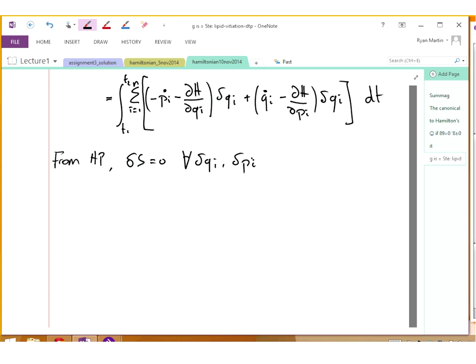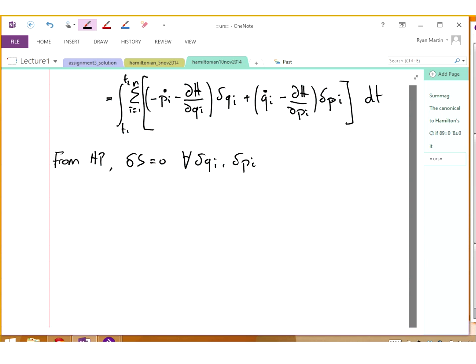All right, so the action is stationary, so this integral is stationary no matter what value of delta q_i, sorry, the last term is a delta p_i.